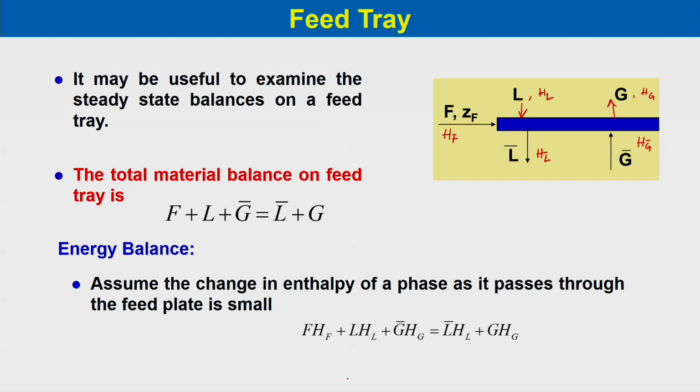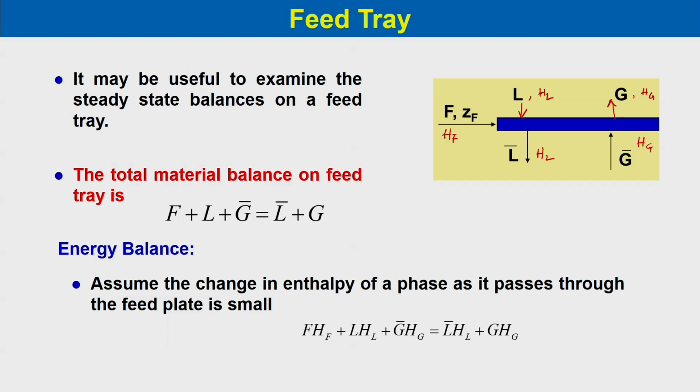So, the enthalpy of the vapor coming to this tray is considered as Hg, and the enthalpy of the liquid coming down from the tray is also considered as HL.